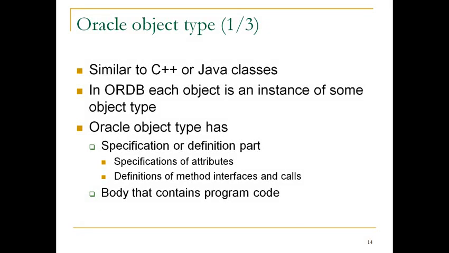This specification part actually shows the interface to the outside: how can we use the object, the attributes and the methods inside this object. And the body contains the program code. How these methods will be executed is defined outside. That of course differs from almost any other programming language, but that's the approach Oracle has chosen. And that's the way it is implemented.